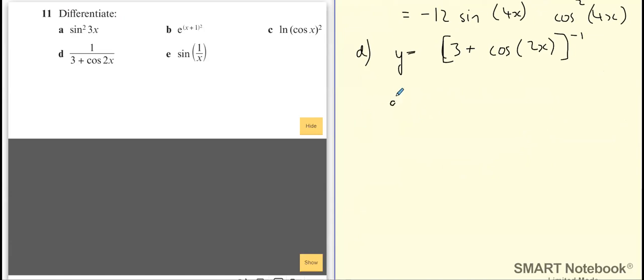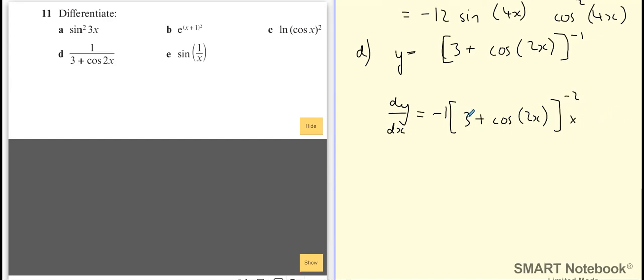Now, dy by dx, multiply the power down. So minus 1 is here. 3 plus cos 2x. Take 1 away from the power. Multiply by the differential of what's inside the bracket.